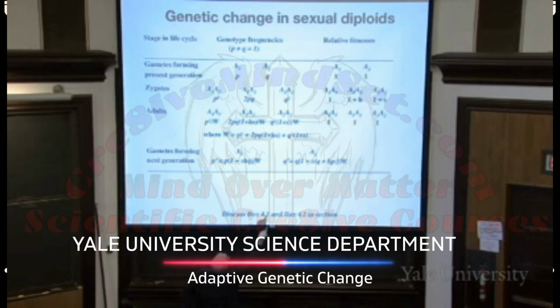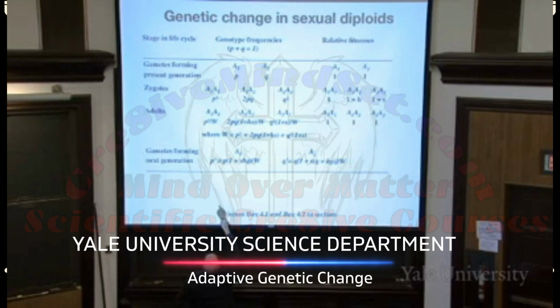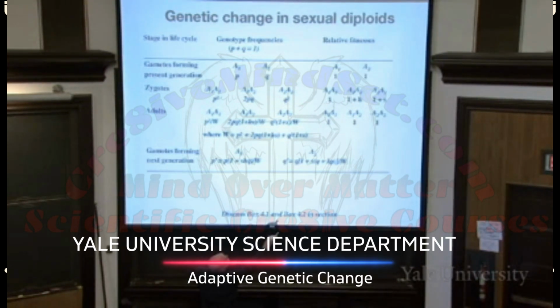W here is defined as this big term. We have basically the adults being p squared, 2pq times 1 plus hs, and A2 has a frequency of q squared times 1 plus s, which is the selection coefficient over here.